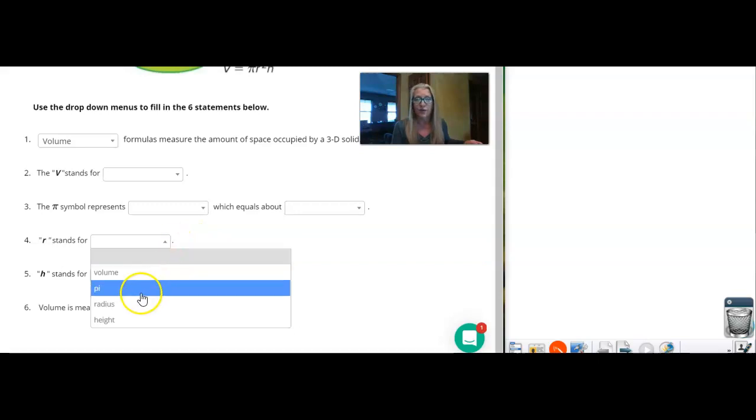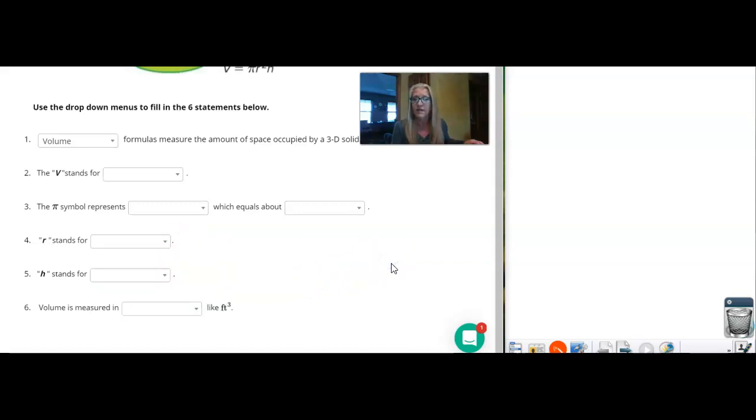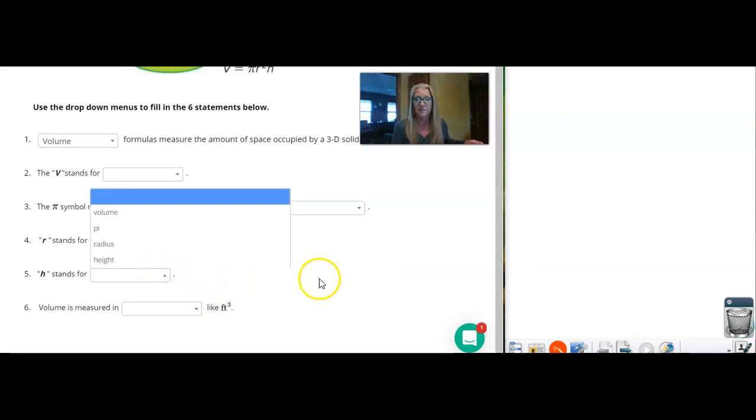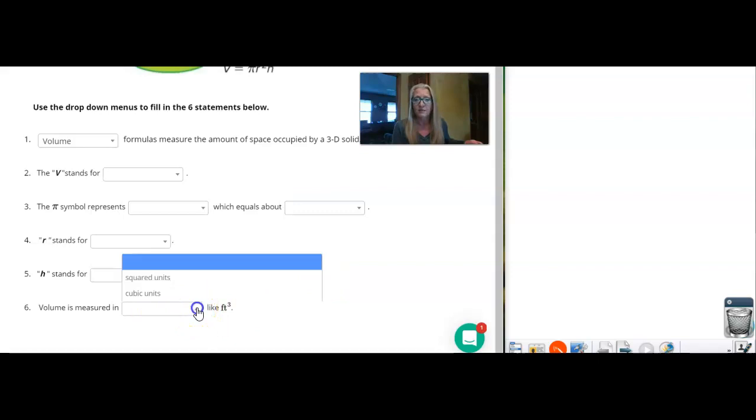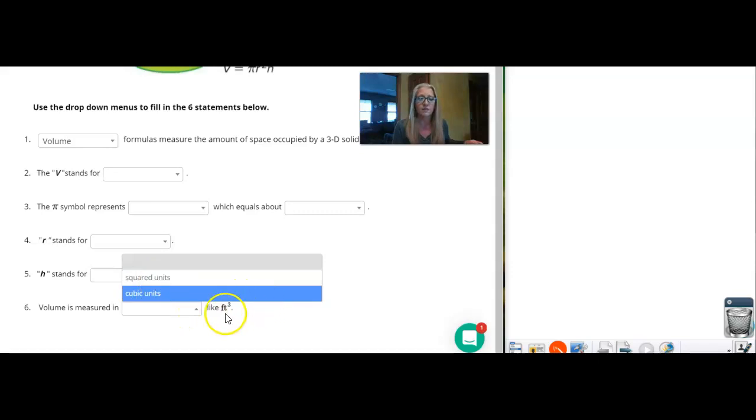R stands for radius, the only word that starts with R there. H stands for height. And volume is measured in cubic units, like feet to the third. Square units are when the measurement is squared. That's for area. So volume is measured in cubic units.